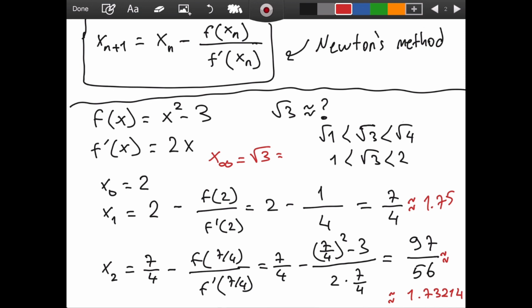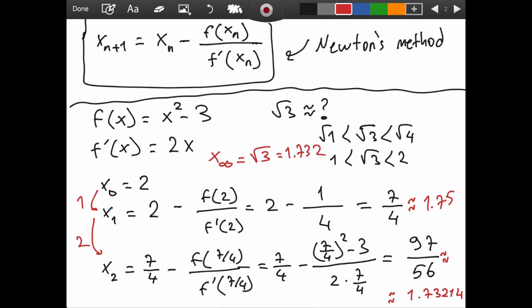Well, it is 1.732. So we are already there. And we only did 2 iterations, right? This is the first one, this is the second one. So this is a very, very effective method to find values for irrational numbers, like the square root of 3.